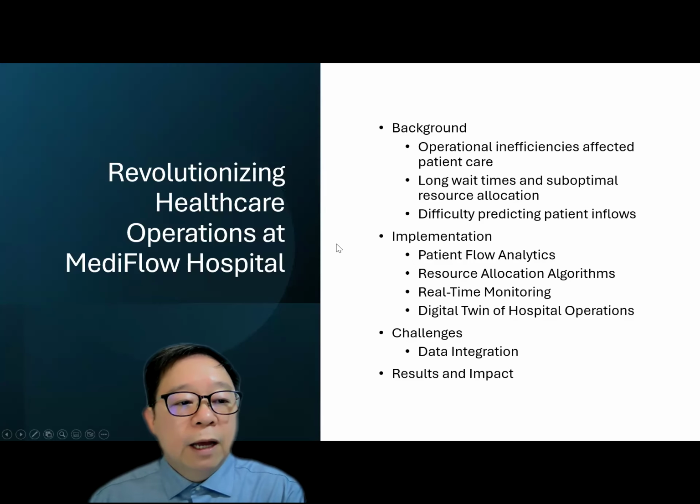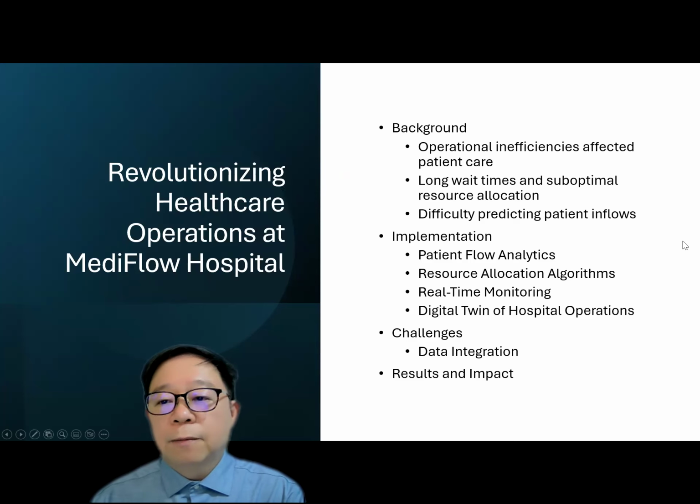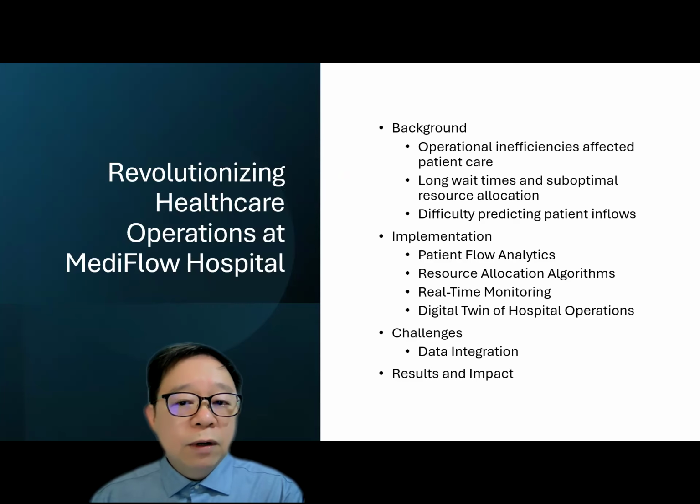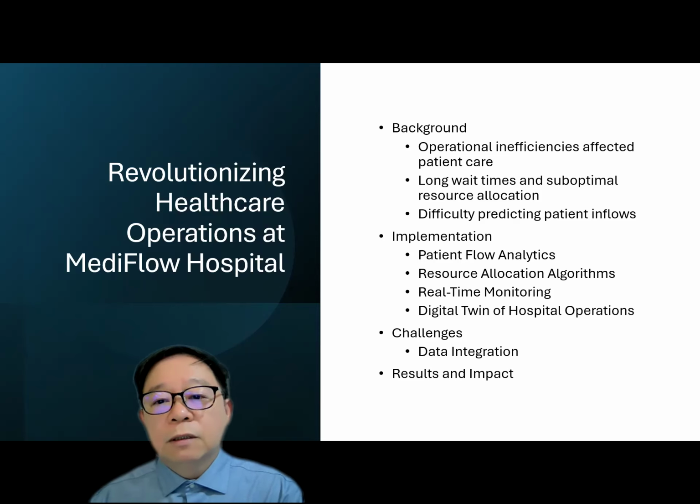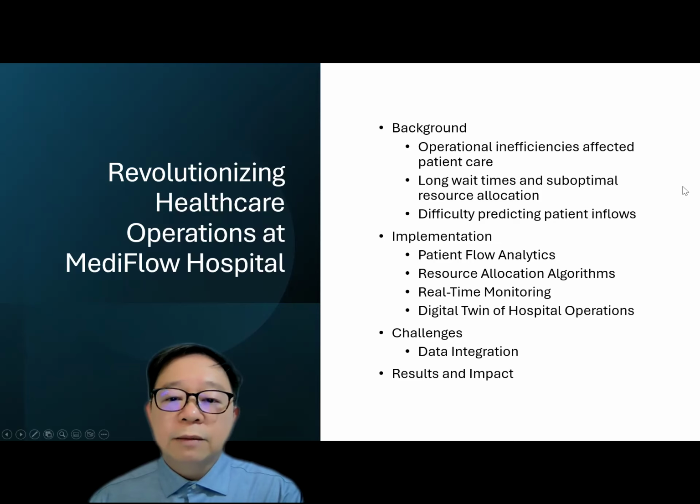Wonderful. Healthcare. Okay, we look at this hospital called MediFlow Hospital. I see what their problem is. The problem is that operational efficiency is low. And some patients may need to wait 4 hours, 6 hours in order to get treatment. Very bad, very unhappy customers, right?